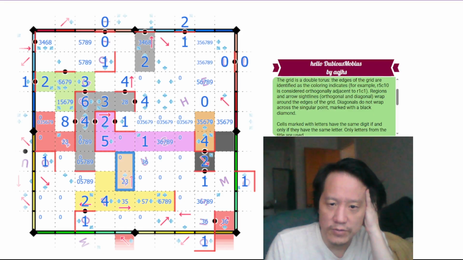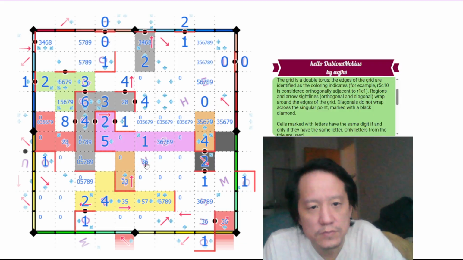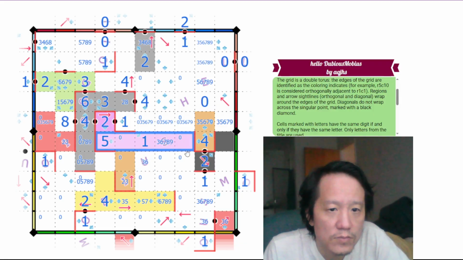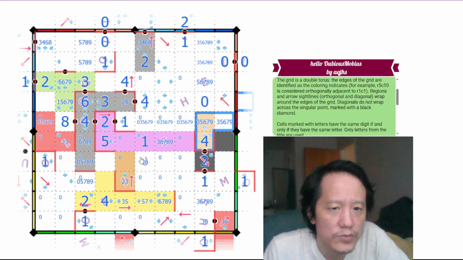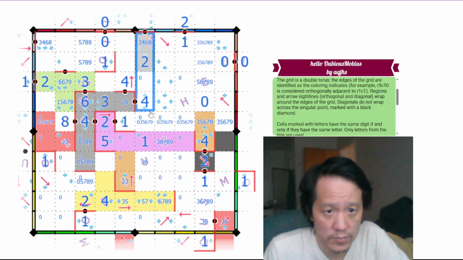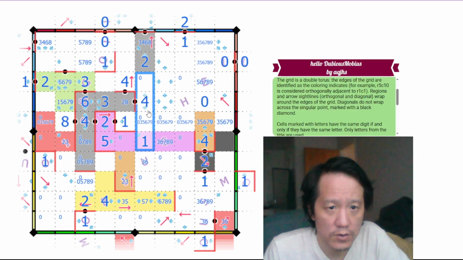Yeah, we know this is already not the same region because, yeah. Could be like that. We don't know. So it's either 4 this way, or it could be 4 here, or 4 here.